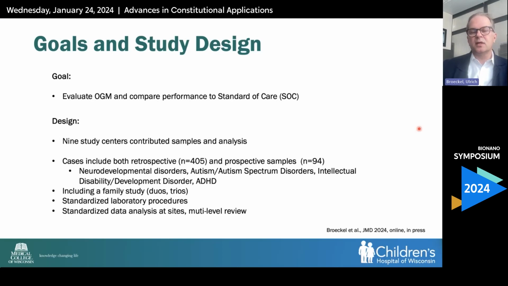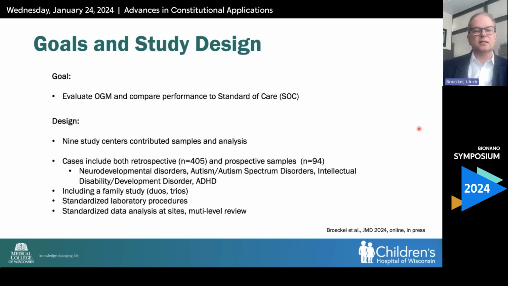The study design was that we had 9 study centers, which all contributed samples and analysis. The review included a large number of retrospective samples, as well as a prospective sample collection. Mainly the cases include neurodevelopmental disorders, autism spectrum disorder, intellectual disability, developmental disorders, and ADHD.